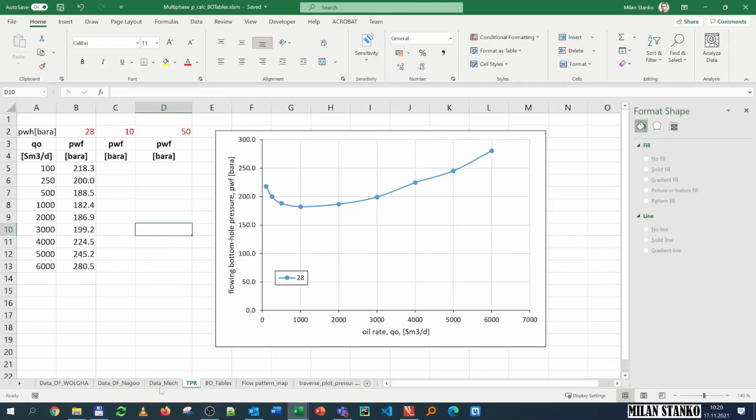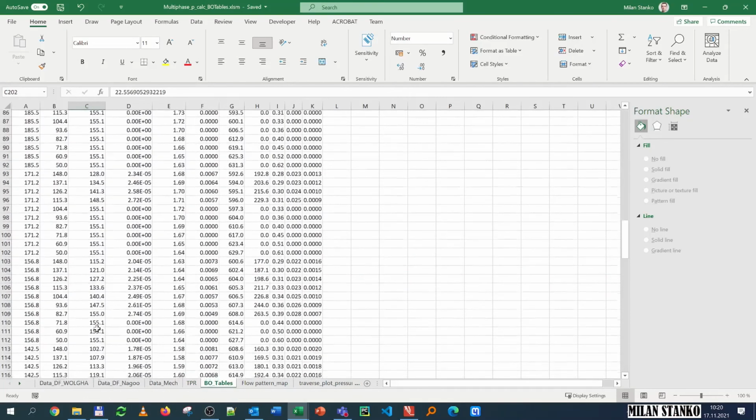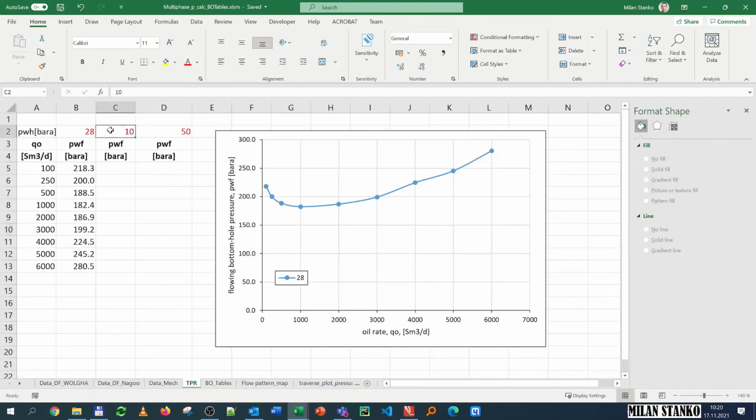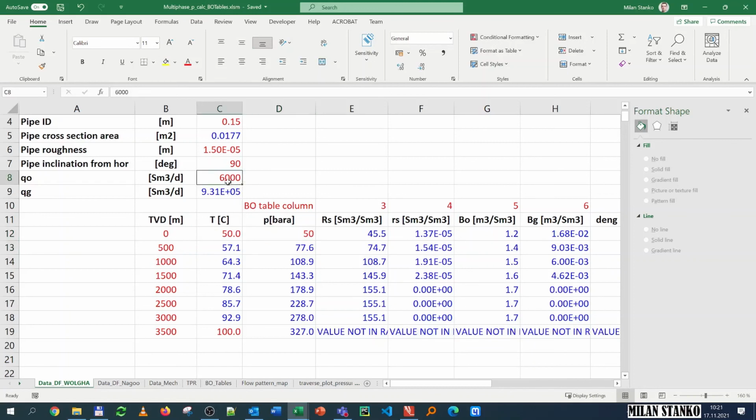I don't think we can try 10 because the Blackwell table goes down to 28. So let's try just with 50, and maybe let's try with 70. For that, I just simply come here and put 50. You see already we have an issue with 6,000, but let's try with 100, the first one. Okay, 241, and again, bye-bye, and see you in a while.